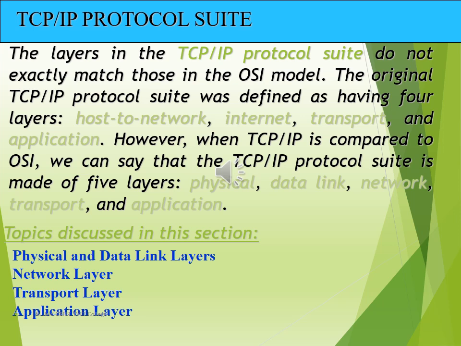I think I did highlight it when we were in the multimedia class, that in multimedia we are looking at the protocol suite with 4 layers against the 7 layers of the OSI model. So the 4 layers are host to network, internet, transport, and application. However, when TCP/IP is compared to OSI, we can say that the TCP/IP protocol is made of 5 layers.